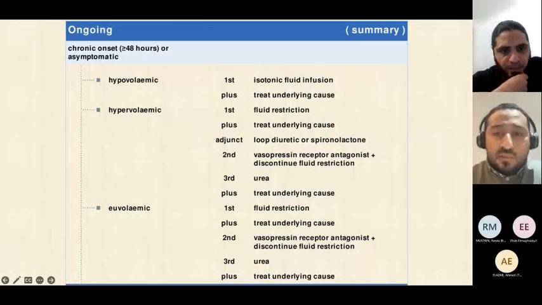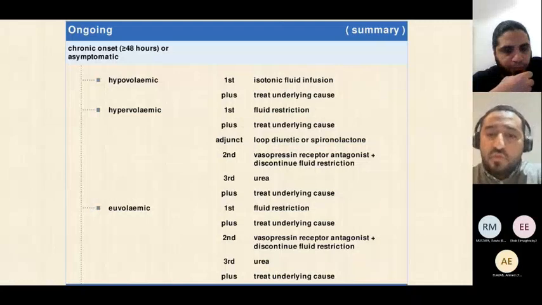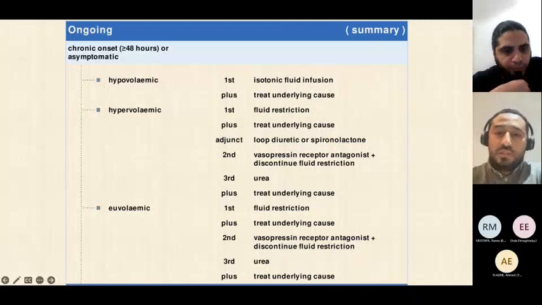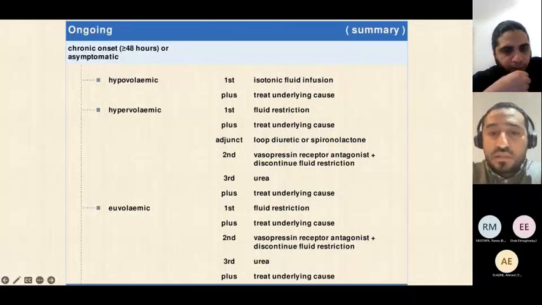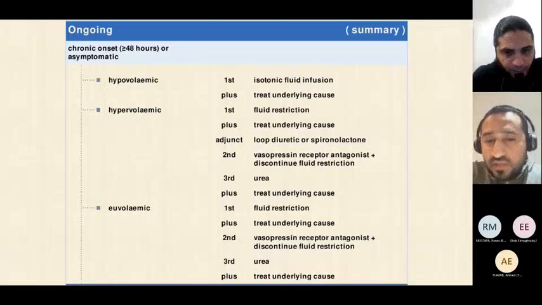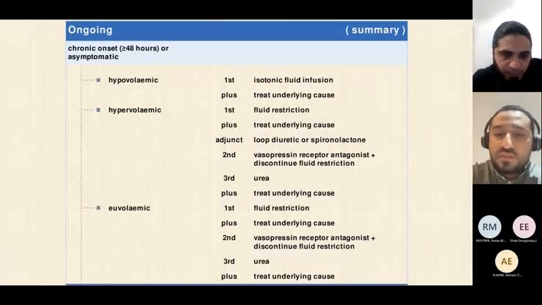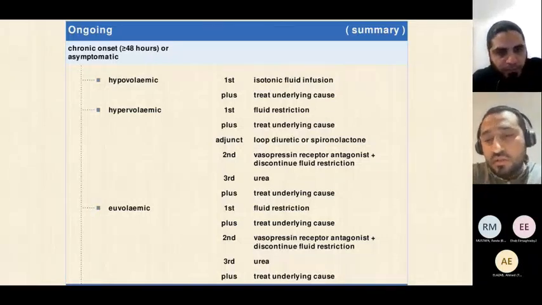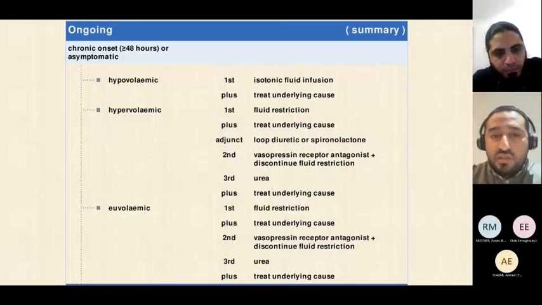Well, some of these patients can be started on vasopressin receptor antagonist, but you will need to discontinue fluid restriction. Then in euvolemic patients, you will need to start fluid restriction and treat the underlying cause. And again, if you are giving vasopressin, you will discontinue the fluid restriction and treat the underlying cause.